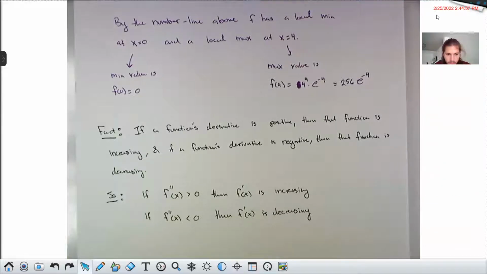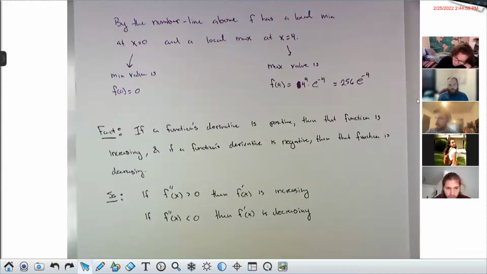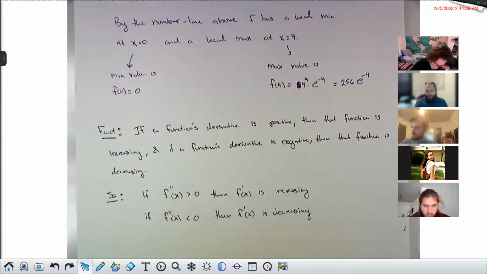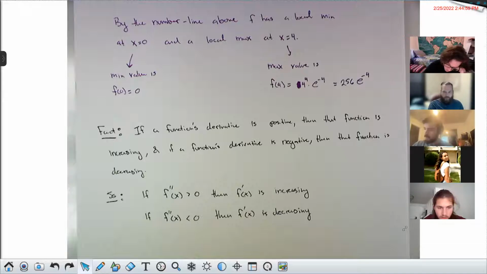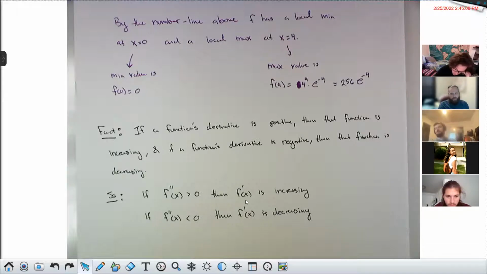And the fun game here is to ask yourself, what does it look like to say that f prime is increasing or f prime is decreasing? Obviously there are four cases here, right? We're talking about permutations where f is increasing or decreasing, and f prime is increasing or decreasing.